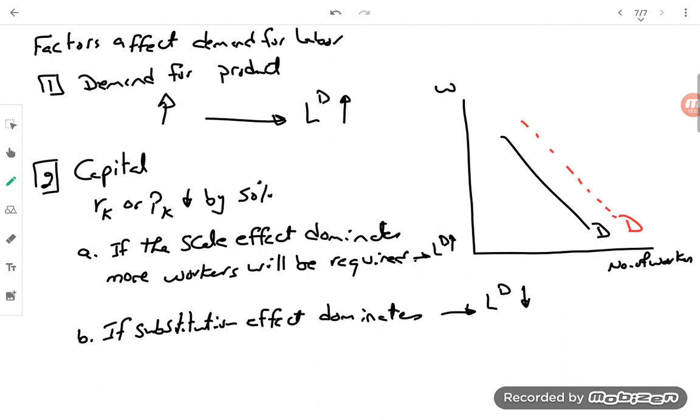So in other words, in the first case, labor and capital are complements to each other, so they are going to help to increase production. But in case number two, labor and capital are substitutes for each other. So in this case, firms are going to substitute capital for labor in order to save money and increase production at the same time.